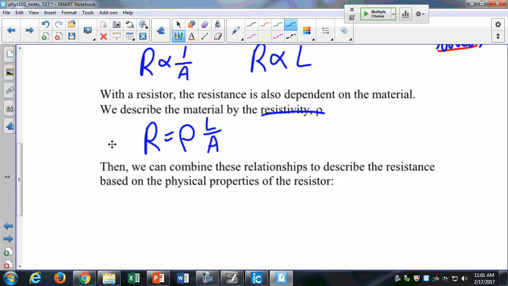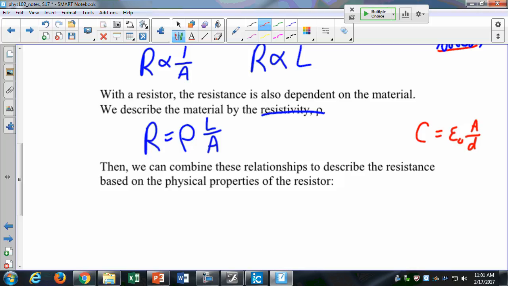Remember, we had a very similar thing for capacitors. We had this expression for capacitance, epsilon naught A over D. I like to think of these very similarly for capacitors and for resistors: I have these expressions that give me the capacity to store charge or the resistance to resist the flow of electricity, dependent upon their dimensions.